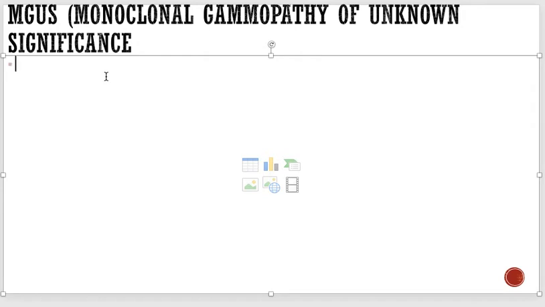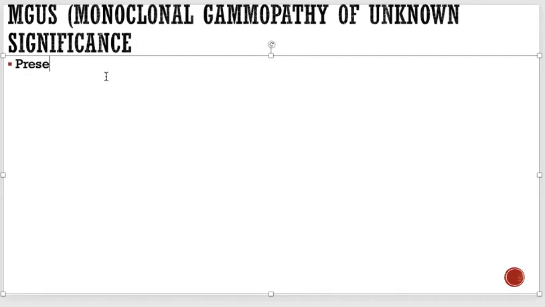Many of the patients have monoclonal gammopathy of undetermined or unknown significance. Again, this is a problem related with the plasma cells, which are the antibody producing cells. So, what happens in these patients?